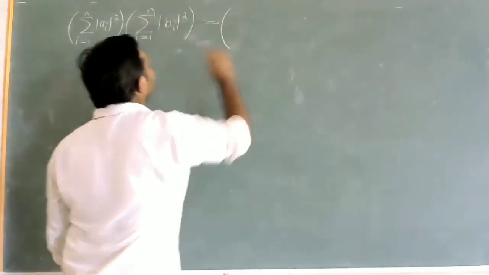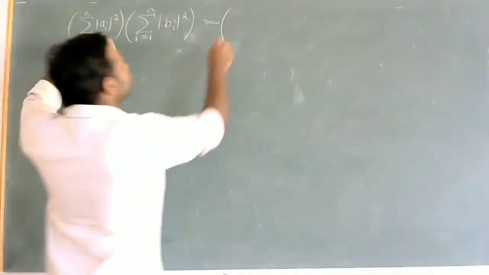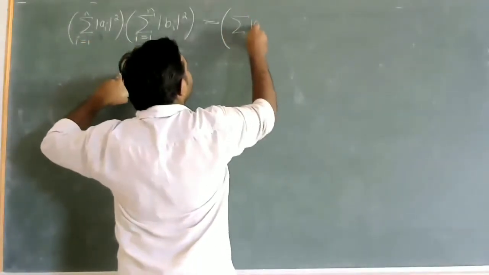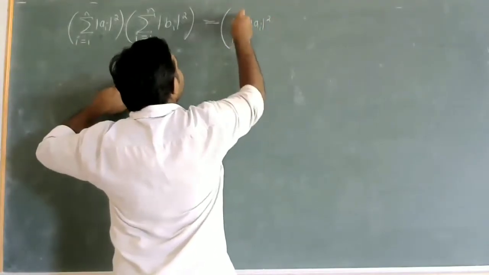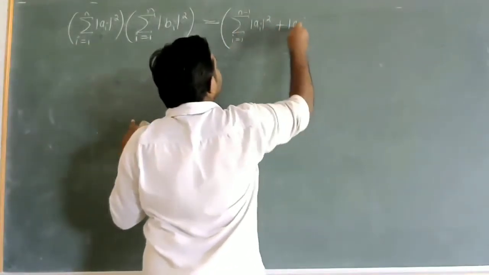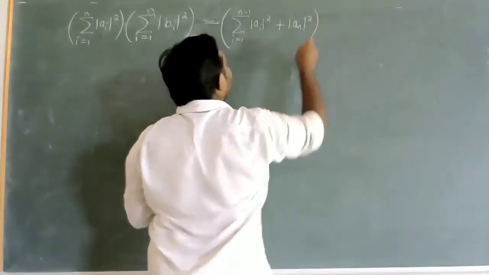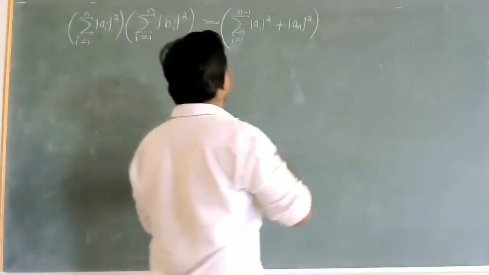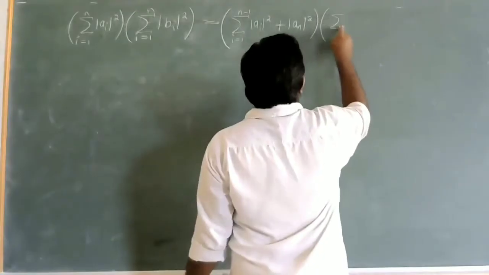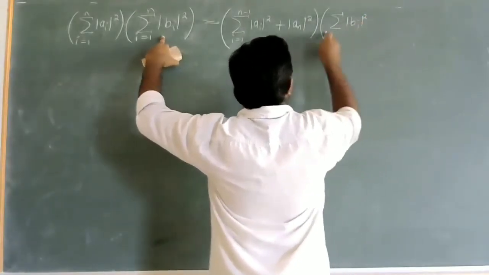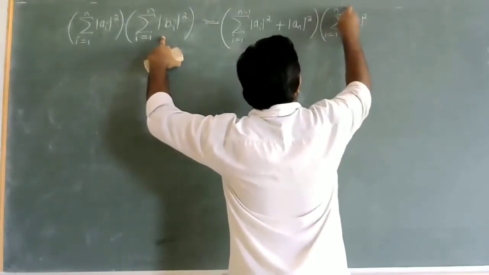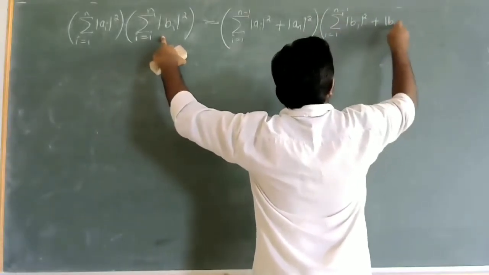So this is equal to: the first summation is summation up to n minus 1 plus the nth term outside, into this summation, which is the sum of the first n minus 1 terms plus the nth term.